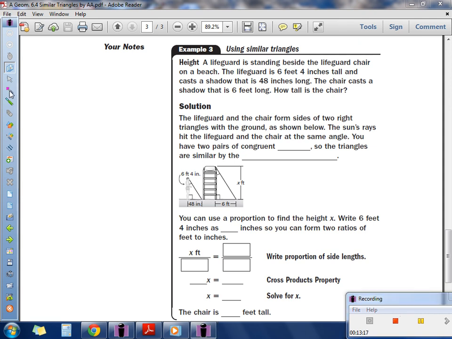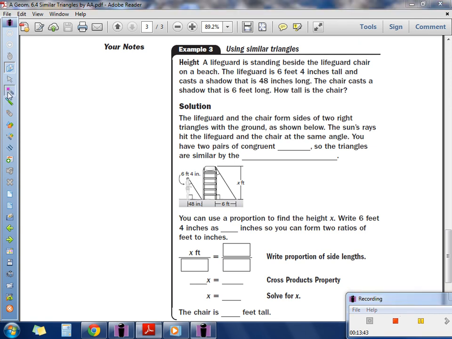What you need to be able to do is read that paragraph and visualize the picture from it. So it says a lifeguard is standing beside the lifeguard chair on a beach. The lifeguard is 6 foot 4 inches tall and casts a shadow that's 48 inches long. The chair casts a shadow that's 6 feet long. How tall is the chair? So we're trying to figure out the height of this chair, and they noted it here with an X.